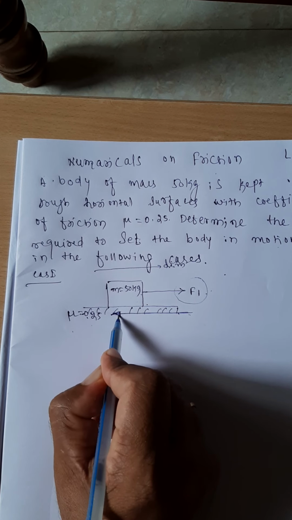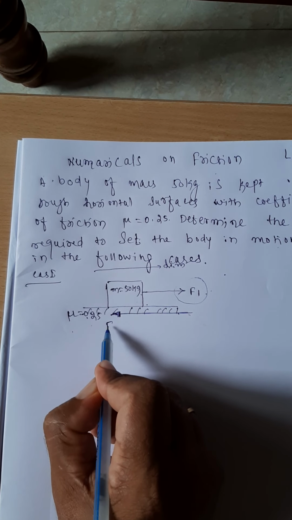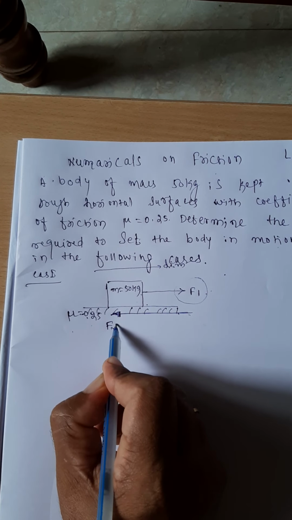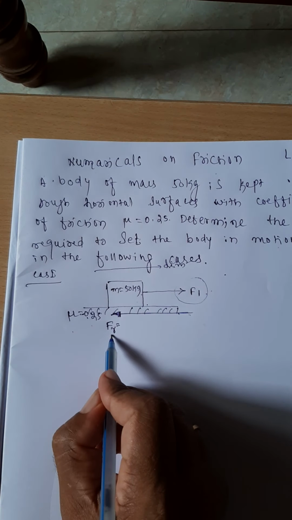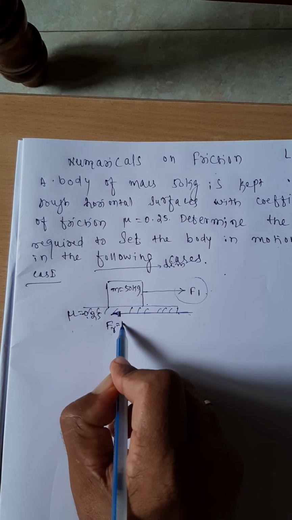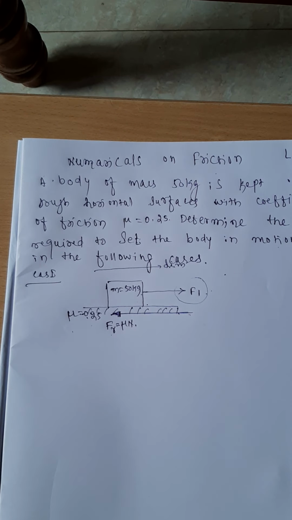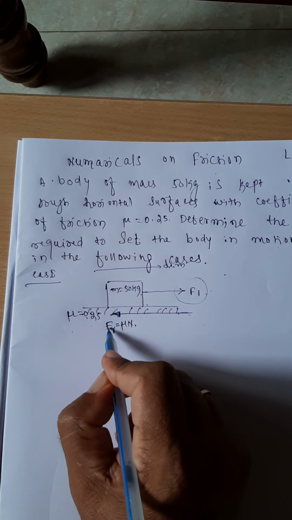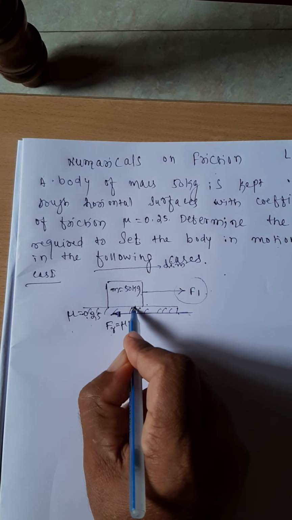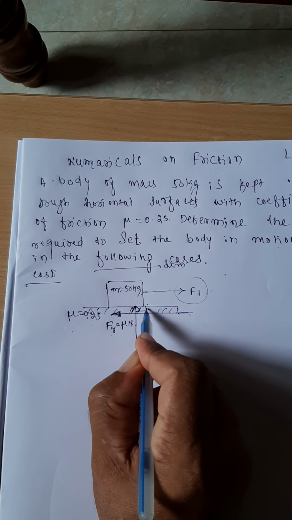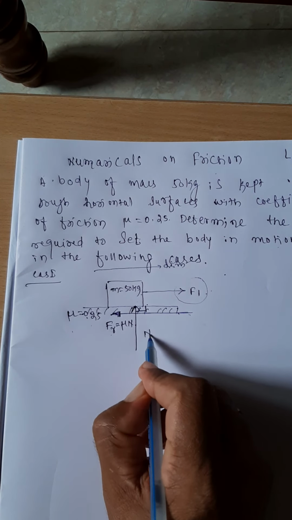This is the frictional resistance, which we denote as Fr. And this Fr is equal to mu multiplied by the normal reaction, where the normal reaction is the reactive force acting perpendicular to the surface. This angle must be 90 degrees.